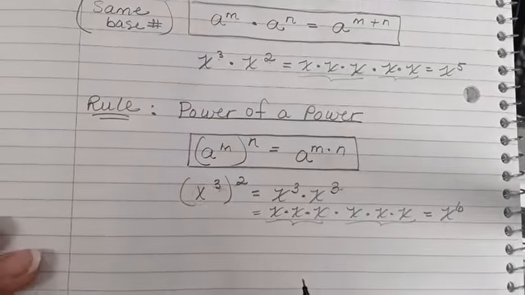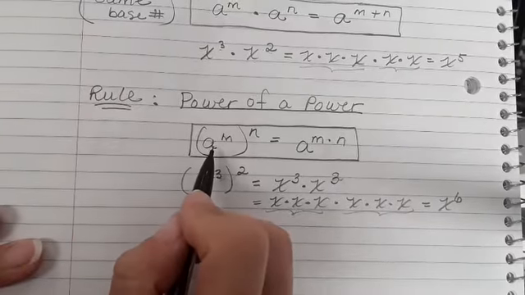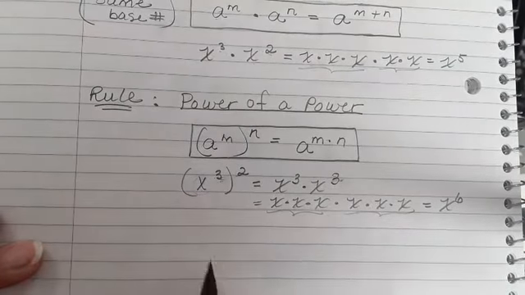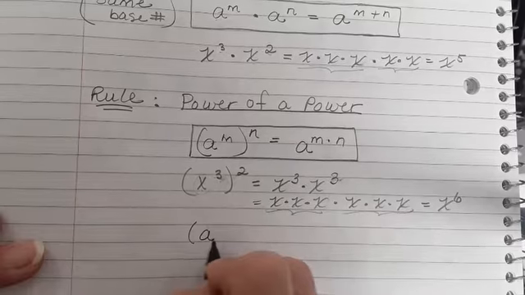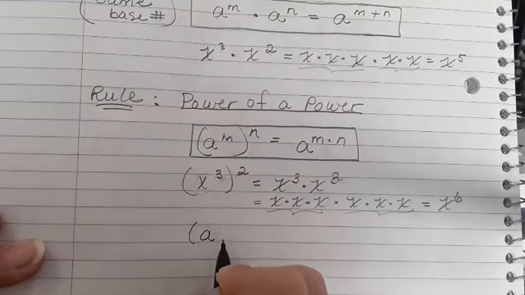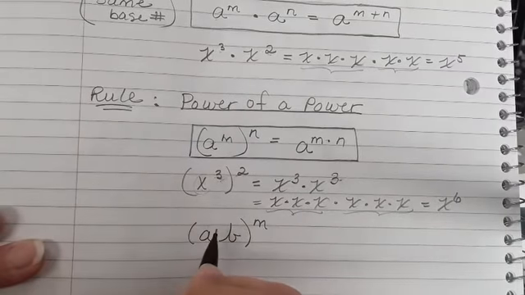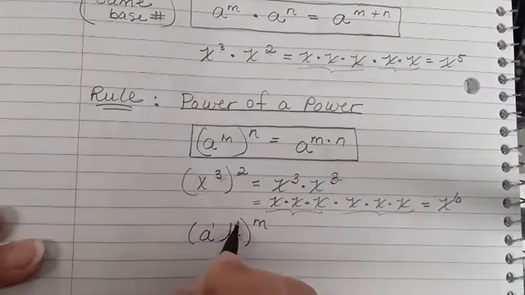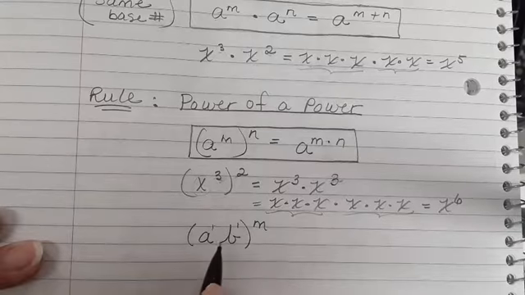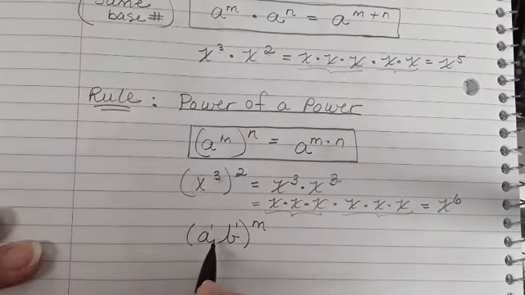Now you can take this a step further. Let's say you have more things going on in your parentheses. So let's say you have A times B, and that is being raised to a power. Now you can have exponents here, or if nothing is there, you have ones. You are still multiplying as long as you have a product inside.